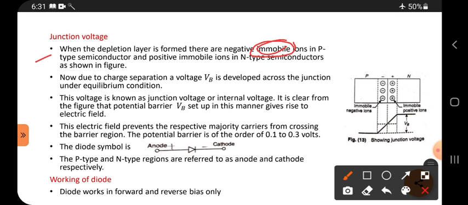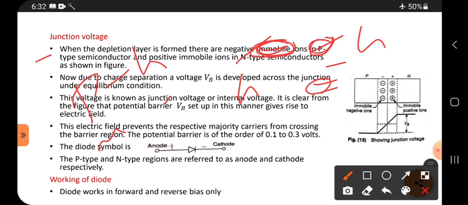In P-type, majorities are holes and minorities are electrons. In N-type, majorities are electrons and minorities are holes, like this.